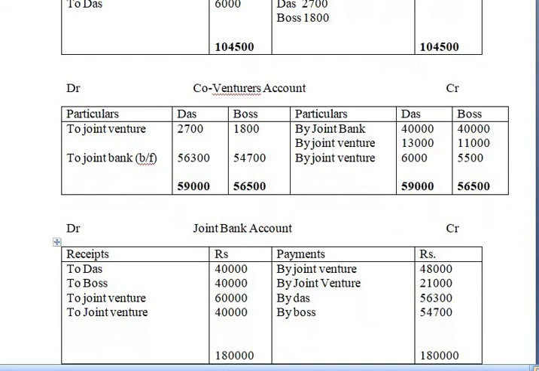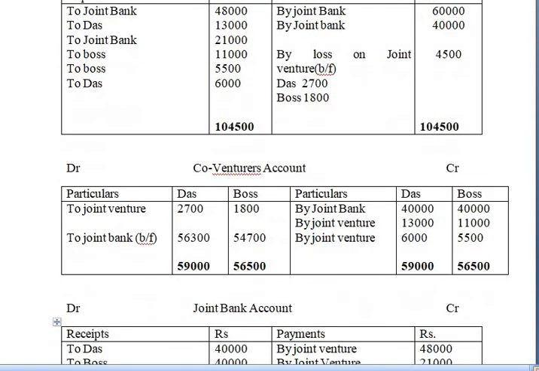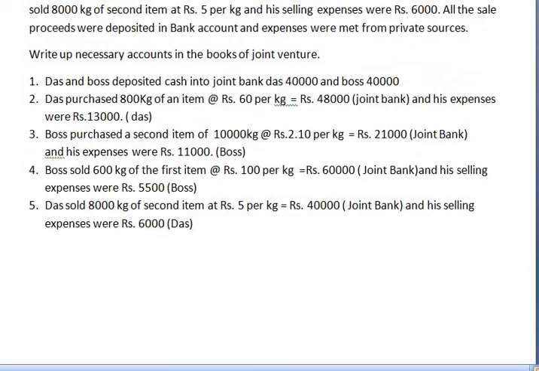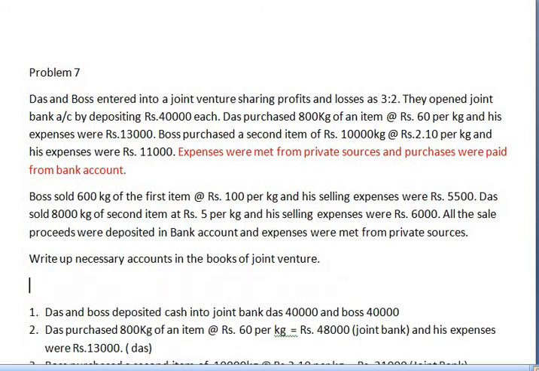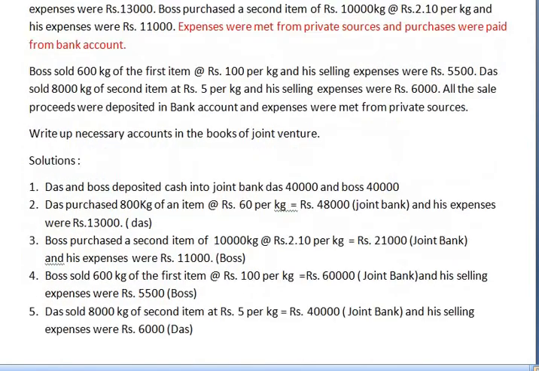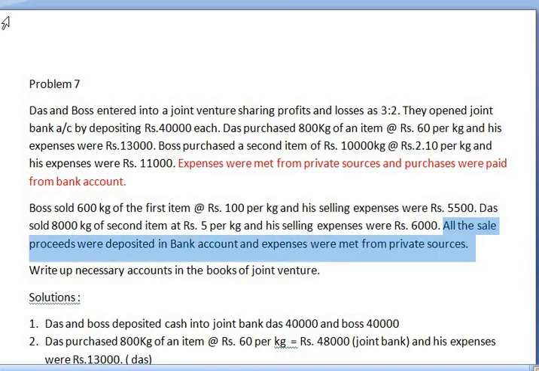This is joint venture account, this is co-venture account, and this is joint bank account. And this is the problem. This is the important transactions.